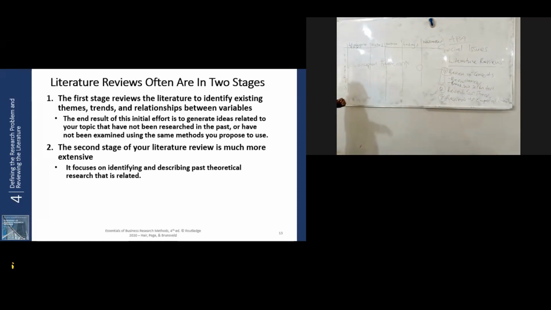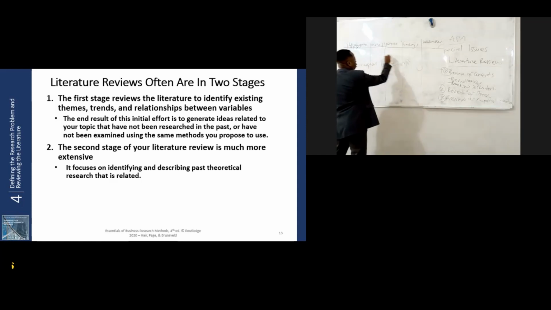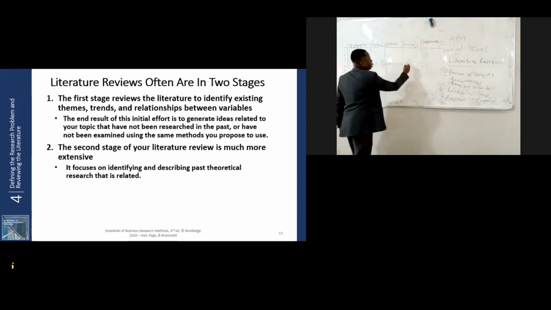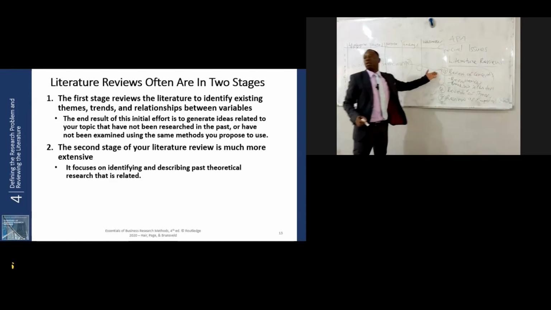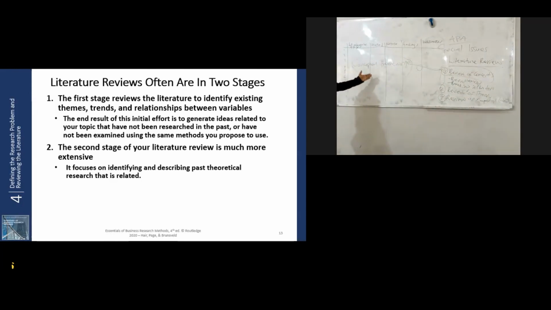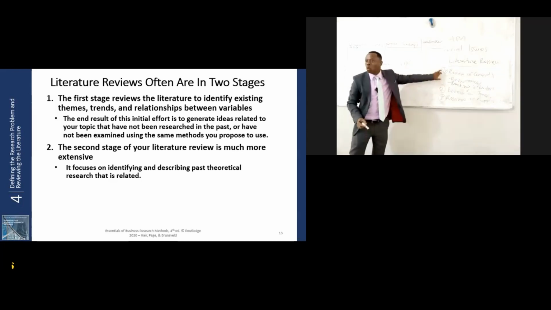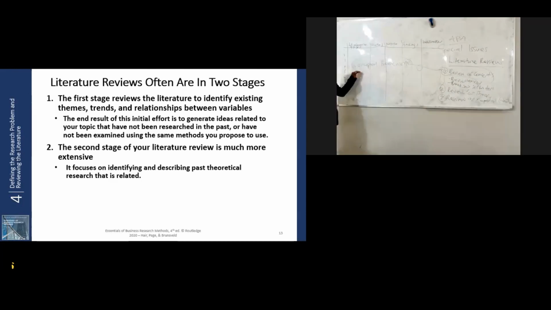Some people prefer that when there's a conceptual framework, then you tie it with the review of concepts, so that when you come here, you review the concepts and then now draw the conceptual framework.